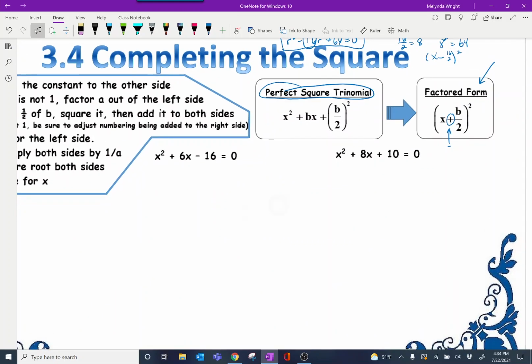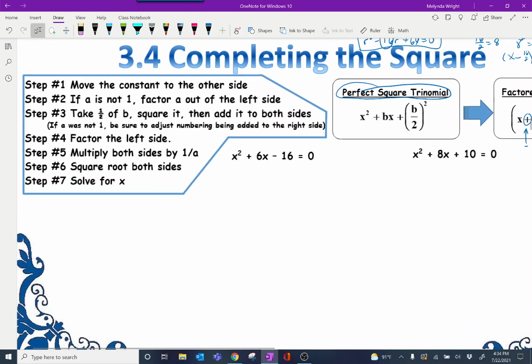Now these trinomials that we have right here are not perfect square trinomials, but we do have a technique called completing the square that we can use to force it to be a perfect square trinomial. I like steps, so I have all the steps written out.